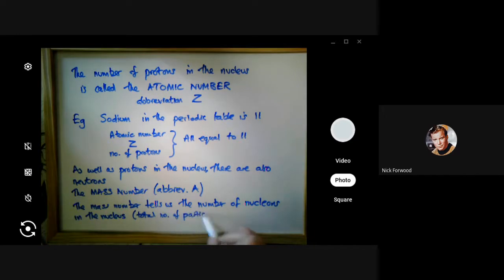Now, what's in the nucleus? Neutrons and protons. So the mass number tells us how many protons and neutrons added together that exist in the nucleus.